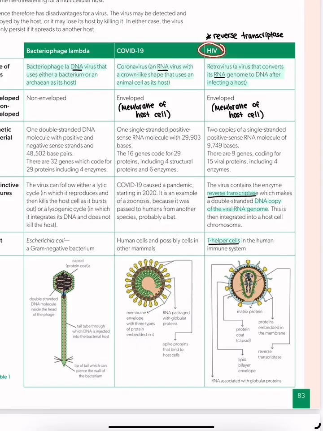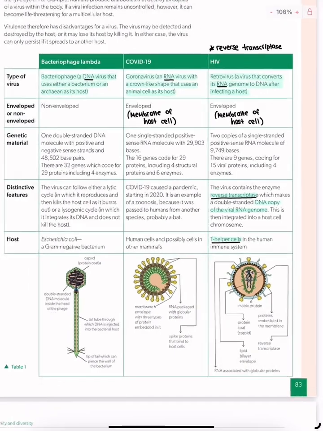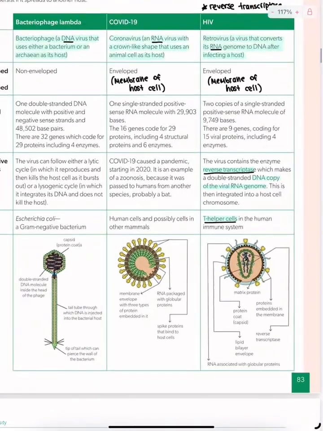And then we have the HIV virus. It's a retrovirus, which is a virus that converts its RNA genome to DNA after infecting a host with reverse transcriptase. It is also an enveloped virus, and it has 2 copies of a single-stranded RNA molecule.